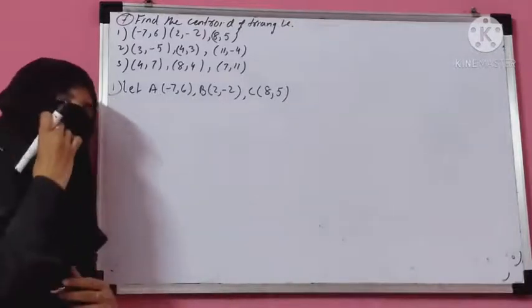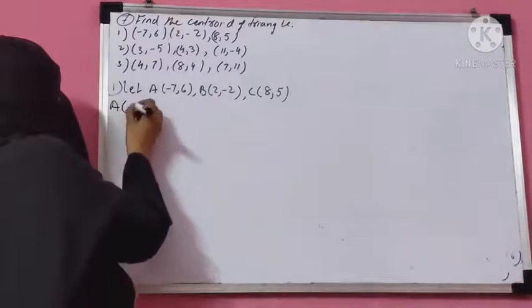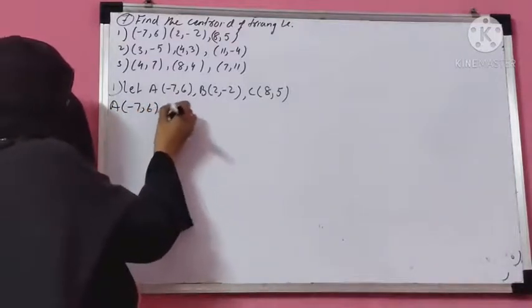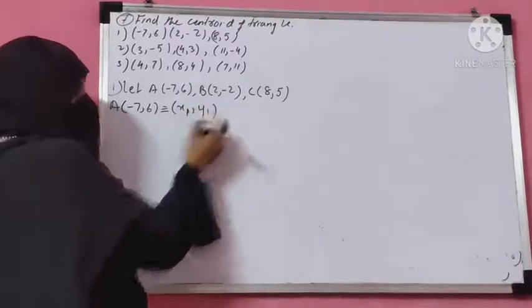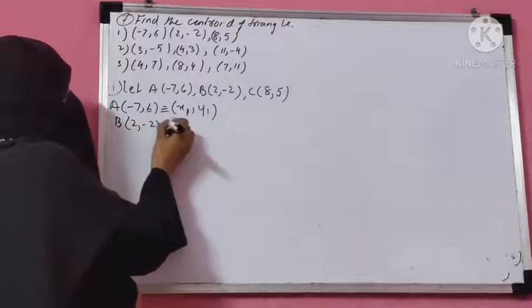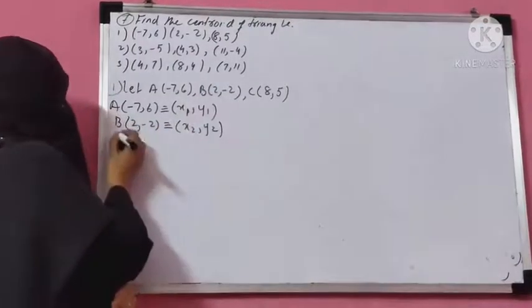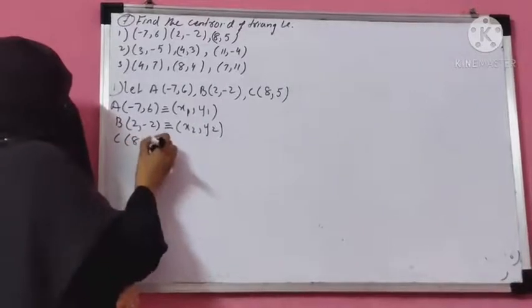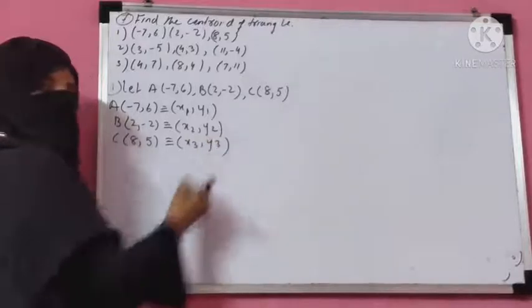You know that the centroid is represented by point G. So point A, -7, 6, is x1, y1. The second point B, 2, -2, is x2, y2. And the third point C, 8, 5, is x3, y3.